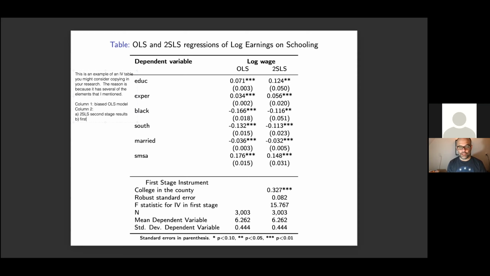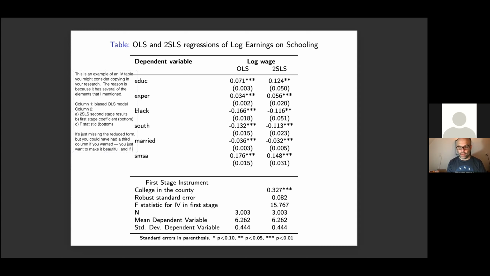B, first stage coefficient at the bottom. C, F statistic at the bottom. Okay, so it's just missing the reduced form, but you could have had a third column if you wanted. You just want to make it beautiful.